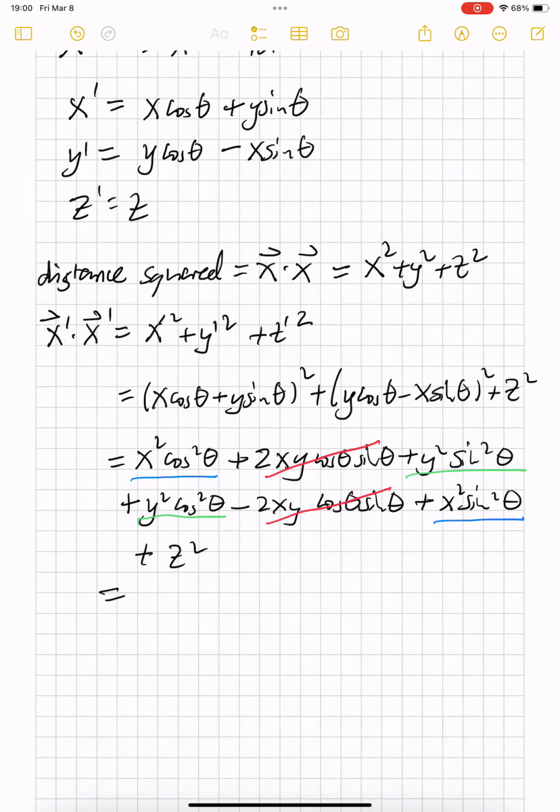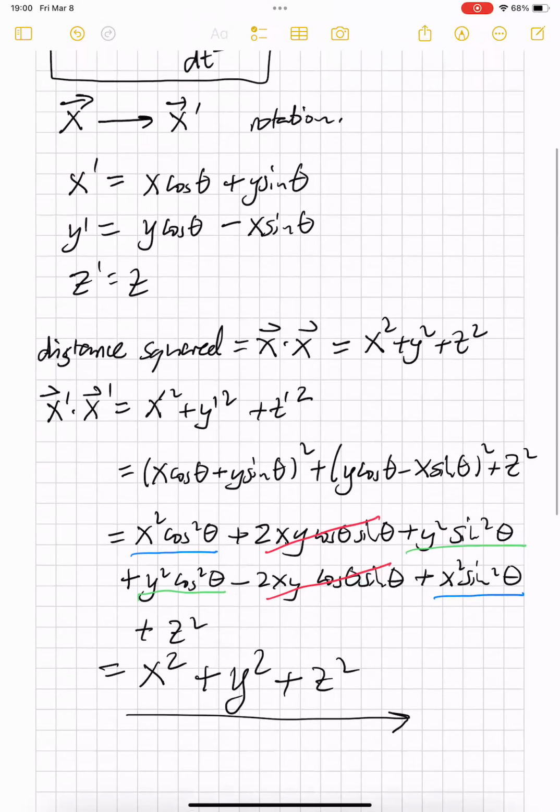Well, cos squared plus sine squared is 1, so we just get x squared. Plus, now let's combine the y squareds. We've got y squared cos squared theta plus y squared sine squared theta. Again, cos squared plus sine squared is 1, so that's just y squared. And then we've got the z squared. So we see explicitly that x prime dot x prime is exactly the same as x dot x. And this is simply the statement that the distance squared is invariant under a rotation.